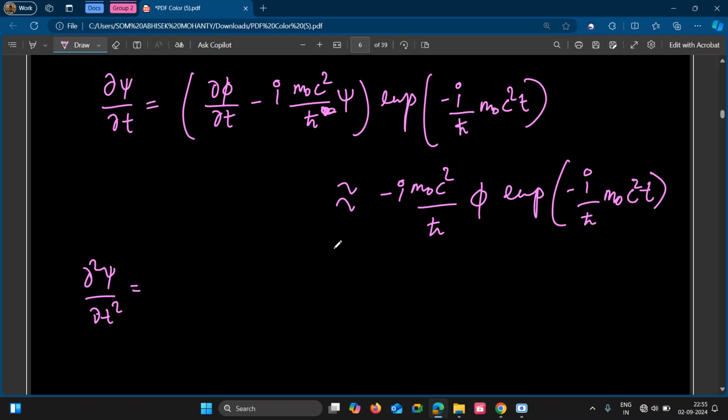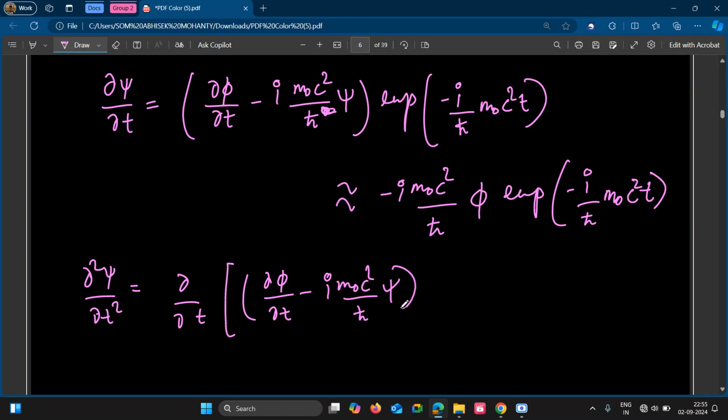So let's take del by del t of del phi by del t minus i m naught c square by h cut phi, times the exponential minus i by h cut m naught c square t.